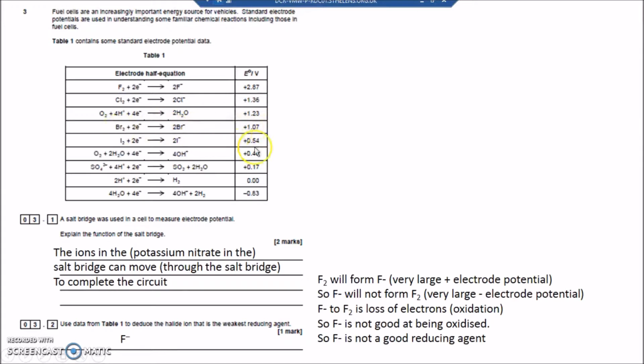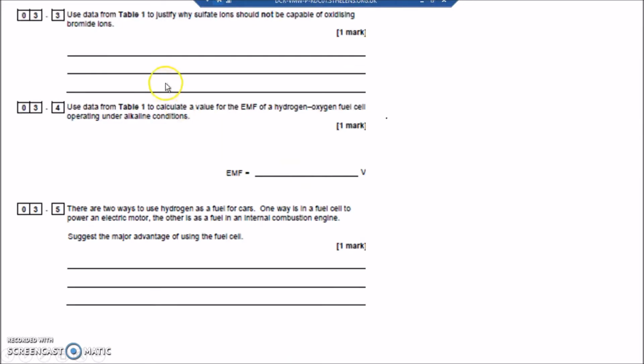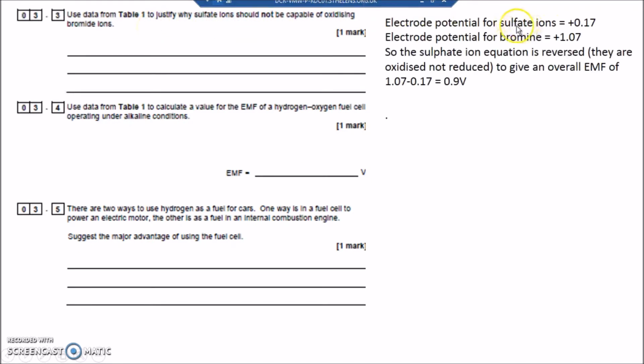That's the way it would go, rather than the other way around. So sulfate ions should not be capable of oxidizing bromide ions. That's true, because the sulfate ion has a lower electropotential than the bromide ion. If either of them is going to be reversed, it's the sulfate ion, minus 0.17, to give an overall positive value of 0.9.